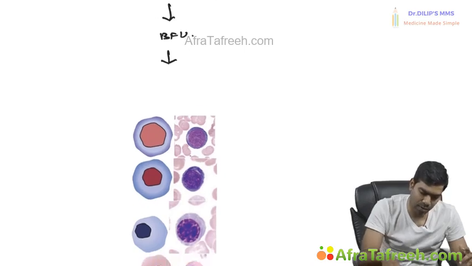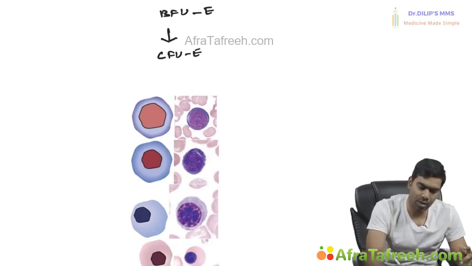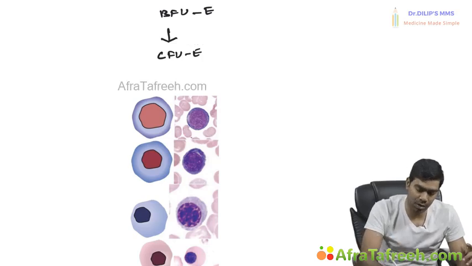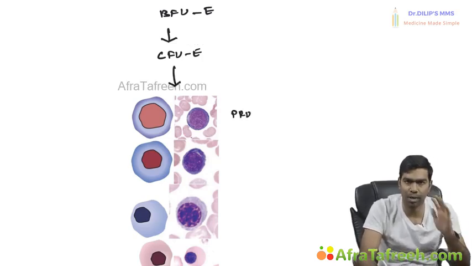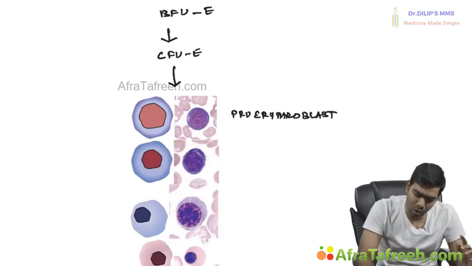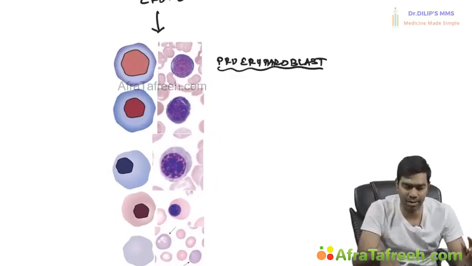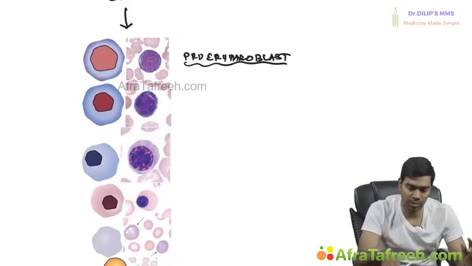Then this is going to form the CFU erythroid, the colony forming unit erythroid, from BFUE. This BFUE is going to give rise to the first of the proper erythroid lineage cells, called a proerythroblast, which is also referred to as a pronormoblast. Another name is there, pronormoblast or proerythroblast.